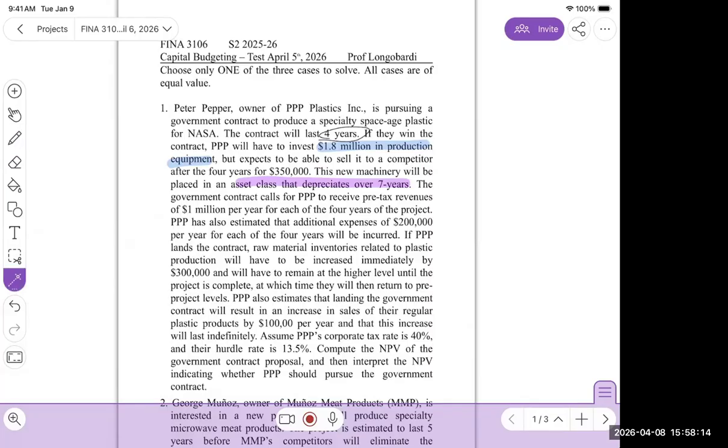The government contract calls for PPP to receive pre-tax revenues of $1 million per year for each of the 4 years of the project. It also estimated that additional expenses of $200,000 per year for each of the 4 years will be incurred. Okay, so that's all income.